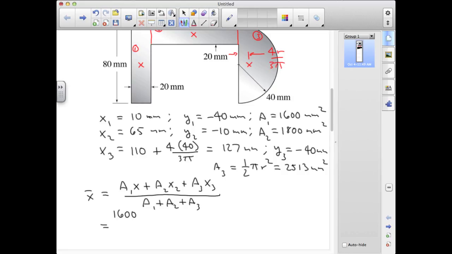I'll leave off the units. All of these areas are going to be in millimeters squared, and all of the distances are going to be in millimeters. We'll end up with a result that's just in millimeters. But to keep this a little more compact, I'll leave off all those millimeter notations.